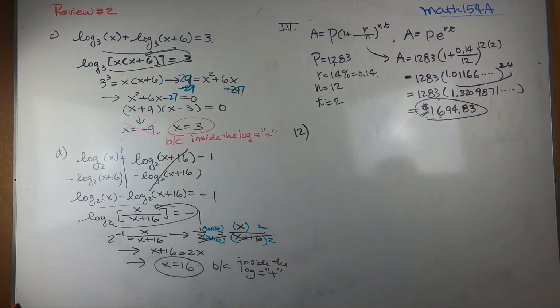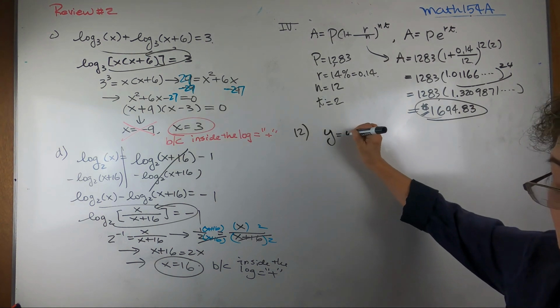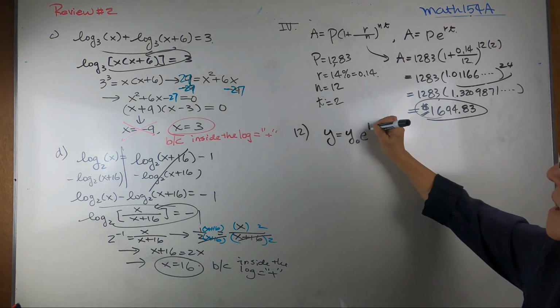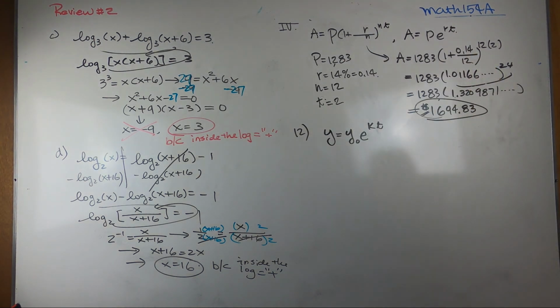Let's look at the next example. On your page 6, it says, the number of grams of a certain radioactive substance present at time t is given by this formula: y equals y sub 0 e^(kt), right?